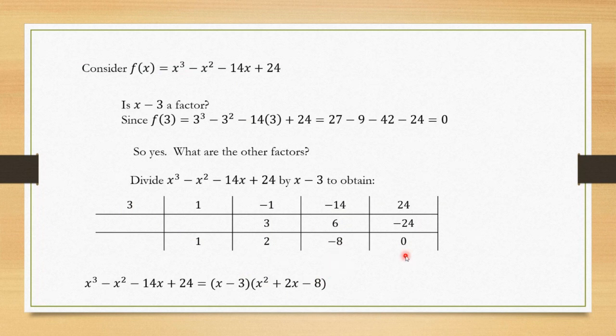The last column, this number here, is the remainder. So our remainder is 0, which we expected because of what we have here. So we have this. That's our first example of synthetic division.